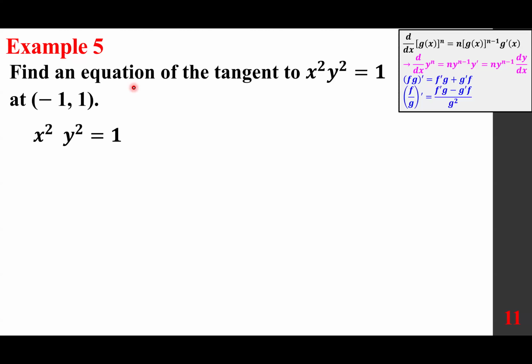We want to find an equation of a tangent line to x squared y squared equals 1 at negative 1, comma 1. Tangent line, as always, we need a pair x comma y, which is given, and we need the slope, which means differentiate. To do so, we notice it's the product of x squared and y squared.